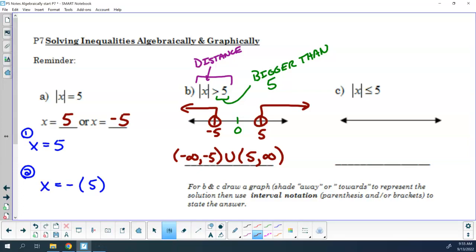In part C, what is that inequality saying? The distance to 0, you mean? Not between, you said between. Okay? So the distance to 0 has to be less than 5. Do we agree with that? So we want all of the numbers where the distance to 0 is less than or equal to, in this case, because I see an equal sign before the 5.